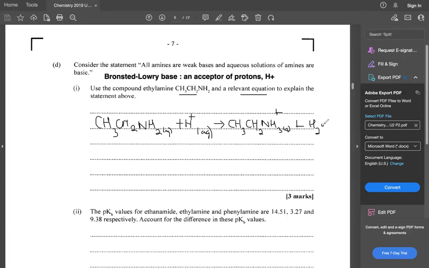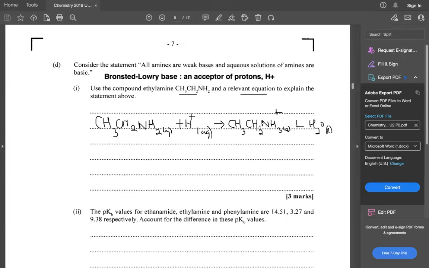So that's what we're going to get. We get a salt and water. That's because this ethylamine is acting as a weak base that's then reacting with the H plus ions, which are acids, right? So an acid and a base coming together to form a salt and water.